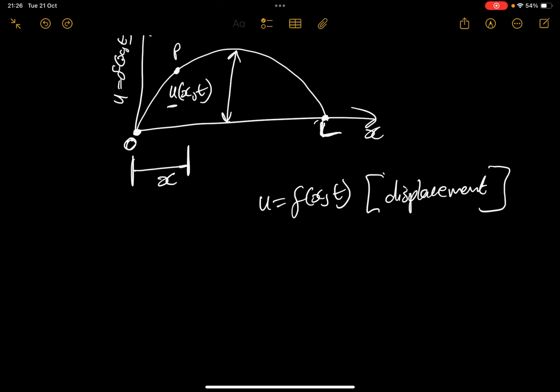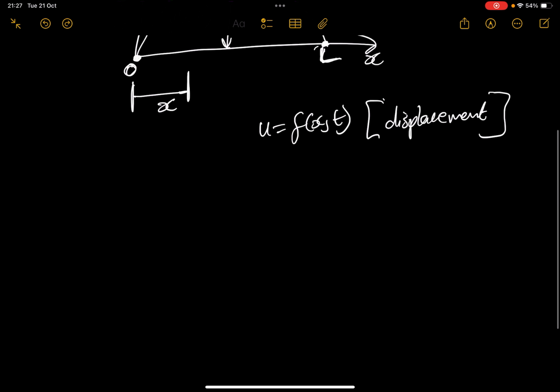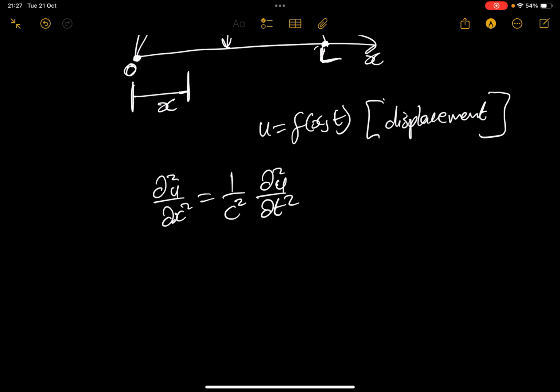Okay, so now there's an equation that governs the motion of this string. The equation is the wave equation, which we write as the second derivative of u with respect to x equals 1 over c squared times the second derivative of u with respect to t, where c is a constant.